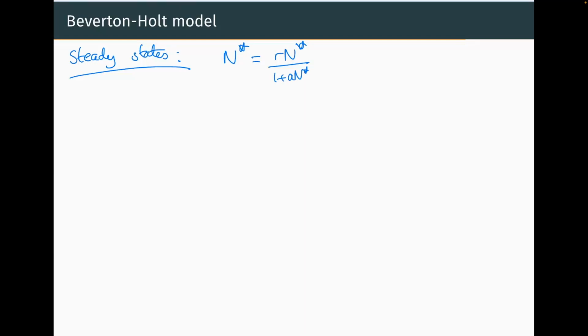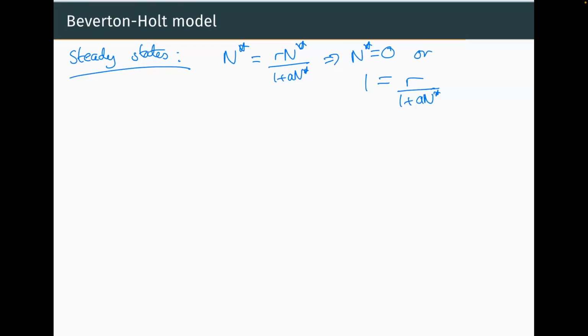Well, I could either have N star being equal to 0, then both sides will be balanced. We'll have 0 is equal to 0 over 1 plus 0, so that's all 0. Or I can divide throughout by N star. If I divide throughout by N, I have 1 on the left-hand side, r on the right-hand side, and 1 plus a N star still in the denominator.